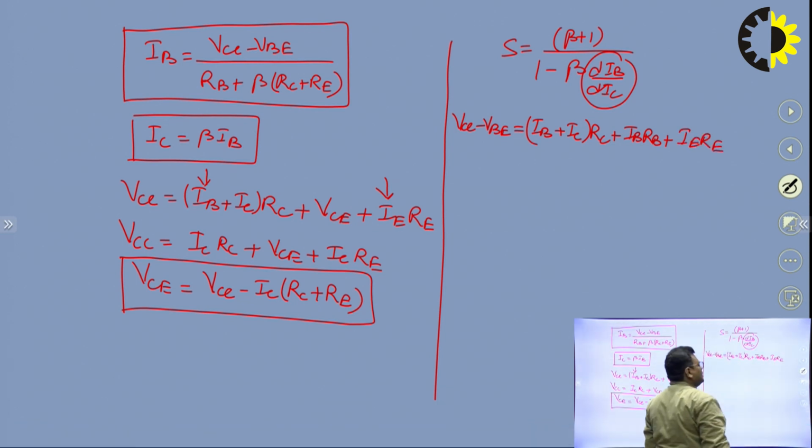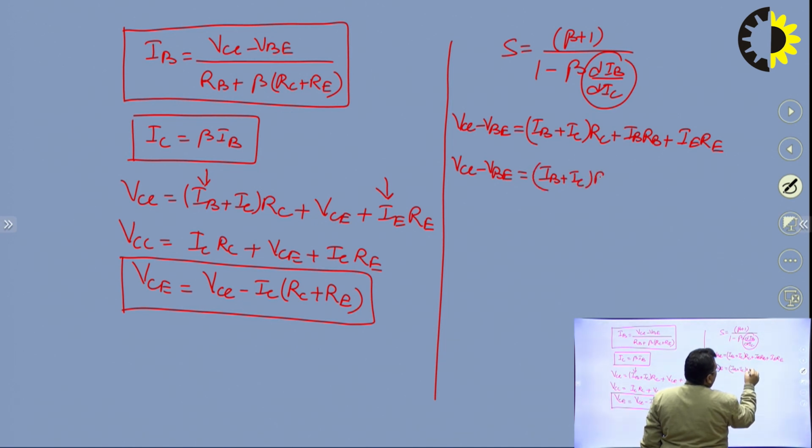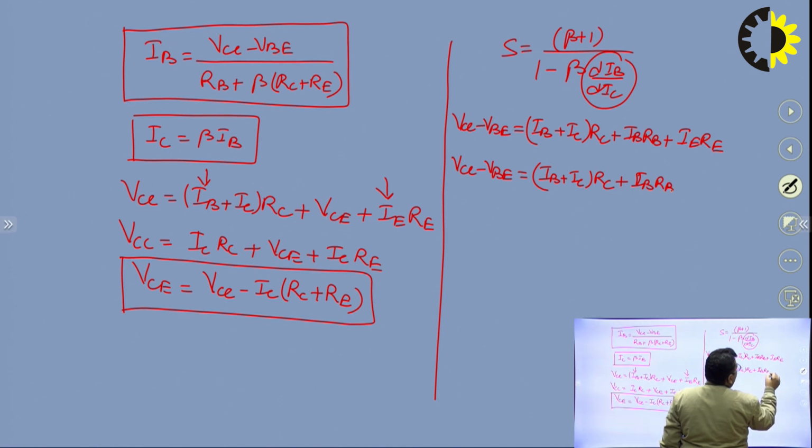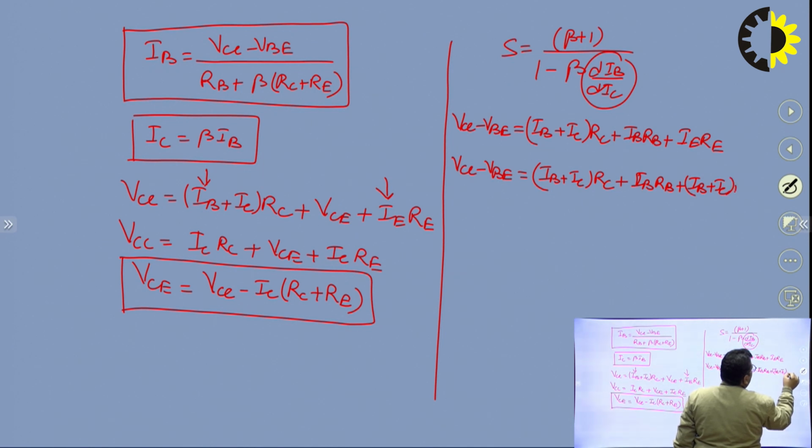Okay, this was the original equation. Now in this term IE can be replaced by IC plus IB. So we can write VCC minus VBE is equal to (IB plus IC) into RC plus IB into RB plus (IB plus IC) into RE.